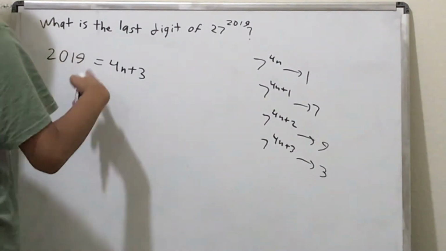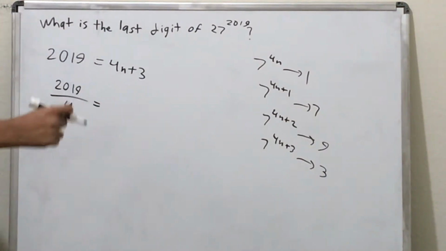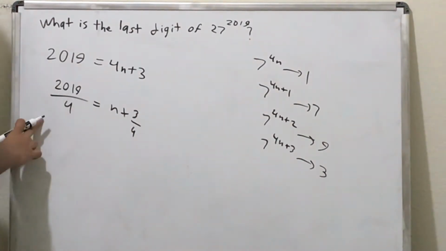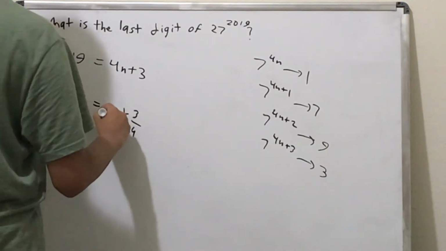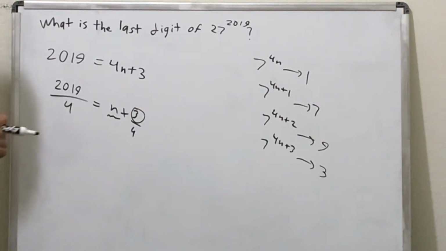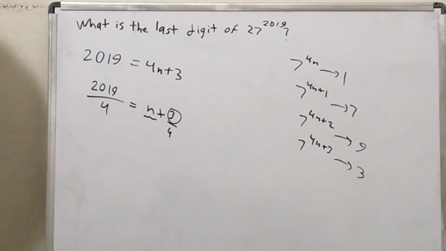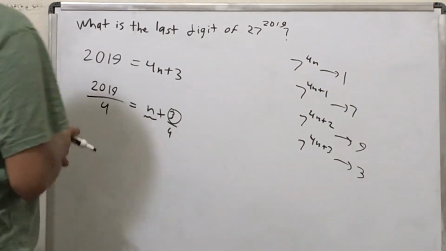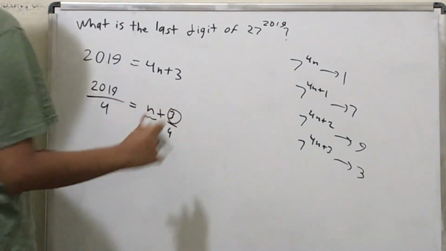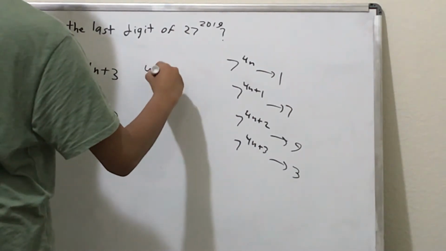First, we divide by 4, so 2019 over 4 is n plus 3/4. This is 2019 divided by 4. This is just some integer, and the 3 in 3/4 is the remainder. If you remember from long division, the remainder is what's left over from the division. So 2019 is of the form 4n plus 3 if the remainder is in fact 3. Let's do that.